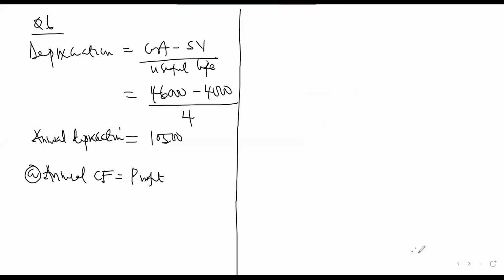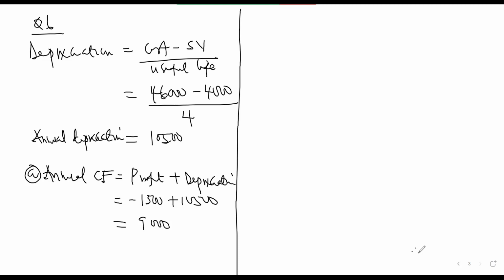If you subtract 10,500 from 12,000, you're not going to get a loss, you get a profit of 1,500. So the cash flow is supposed to be 9,000. So you are going to be having negative 1,500 plus 10,500, and that will give you 9,000. So the cash flow for that year is 9,000.